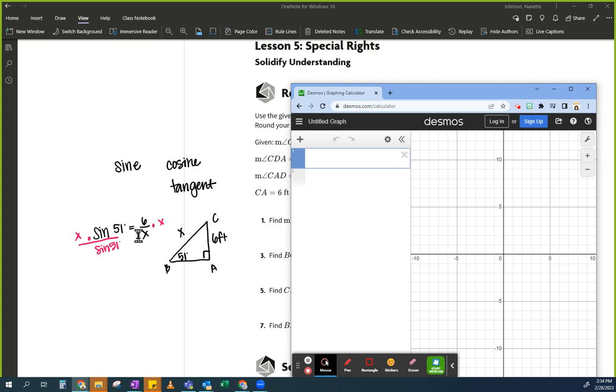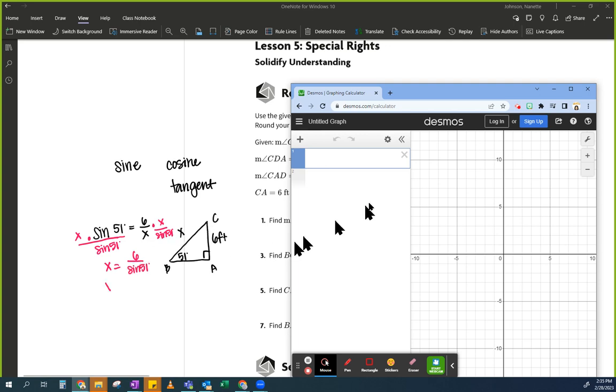Yes, you can multiply and divide at the same time, as well as add and subtract, as long as they're in the same step, right? So notice the sines cancel on this side, and I'm left with x. The x's divide out, so I'm left with 6 over sine 51 degrees.